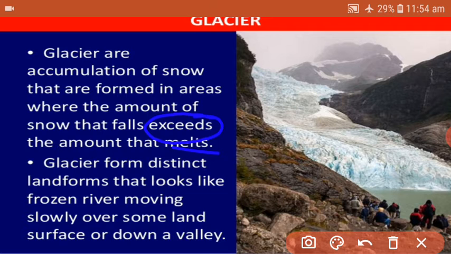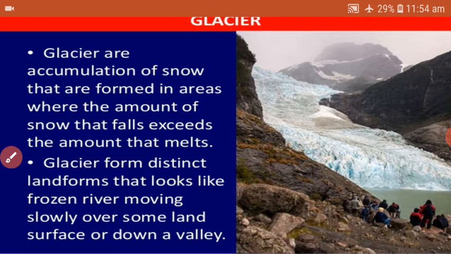That's why you can find such a river of snow, and that is known as a glacier. Glaciers form distinct landforms that look like a frozen river moving slowly over some land surface or down a valley. It keeps moving very slowly, but because of the movement there is also a process of erosion, that means removal, and also a process of deposition included.